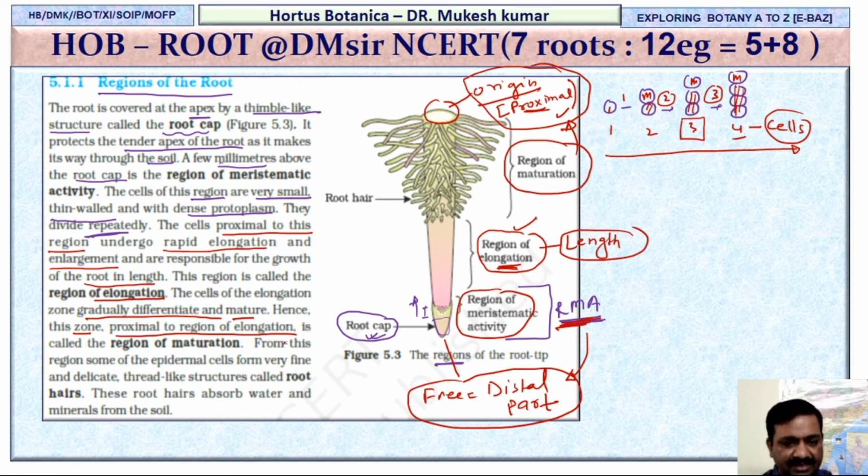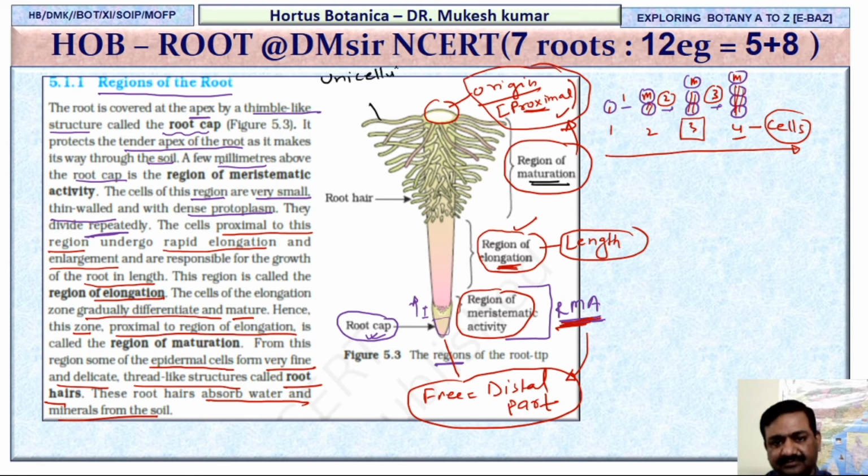From this region, some of the epidermal cells form very fine and delicate thread-like structures called root hairs that absorb water and minerals. What does it indicate? It states that we have the zone of maturation. That zone of maturation will bear this very structure, which is unicellular.